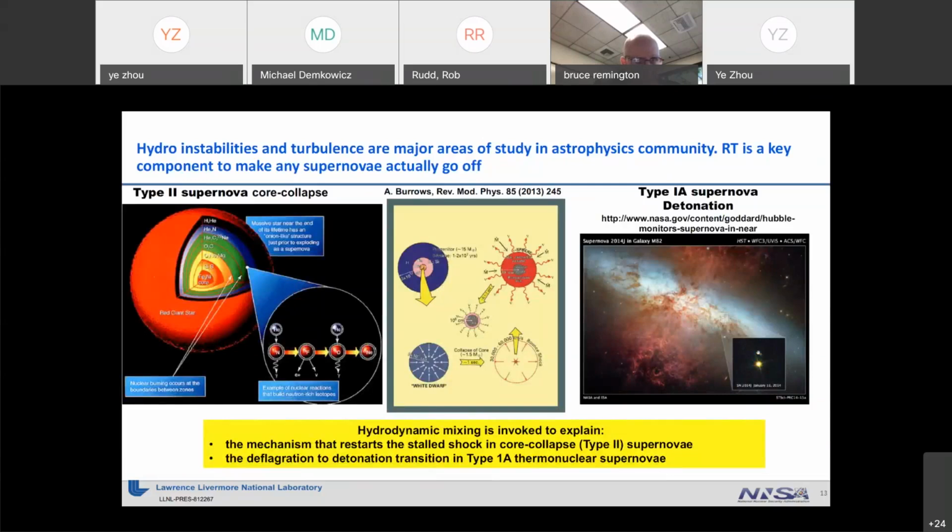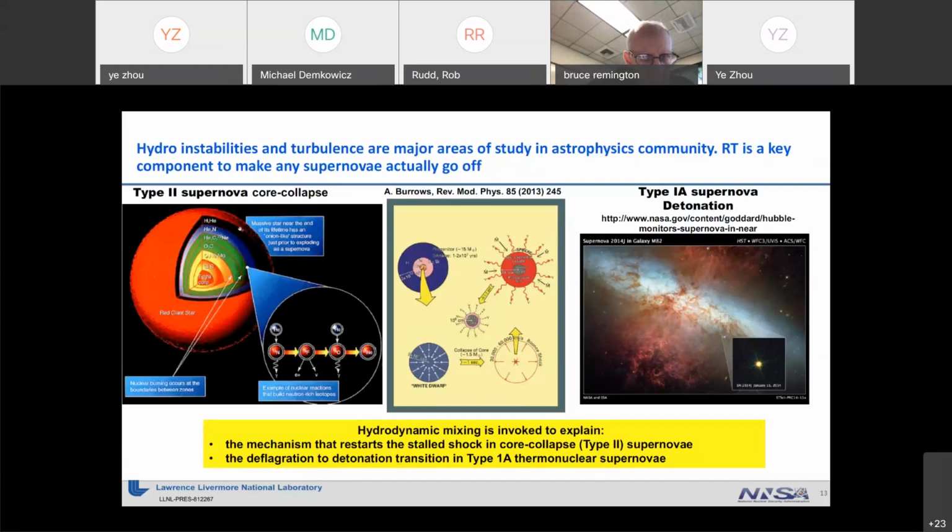Now, in astrophysics the instability is also very important. There's a lot of news recently about different supernovae. The Rayleigh-Taylor instability is really a key component to make any supernova actually go off. Supernovae are classified into two different types. Type II is the core-collapse supernova. Usually these are very big stars, about 18 or 19 solar masses.